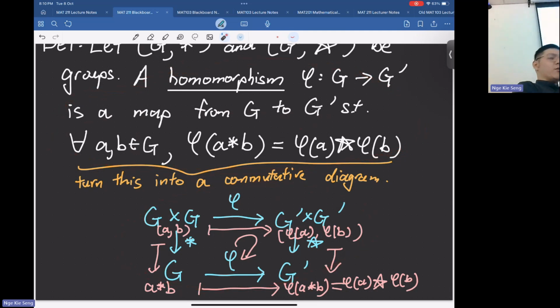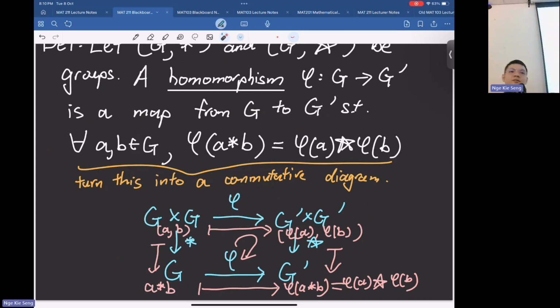What is the domain? What is the codomain? What's the product in the domain? What is the product in the codomain? And then the most important is the last equation here. These two routes should agree. So this is a good way to think about homomorphism.